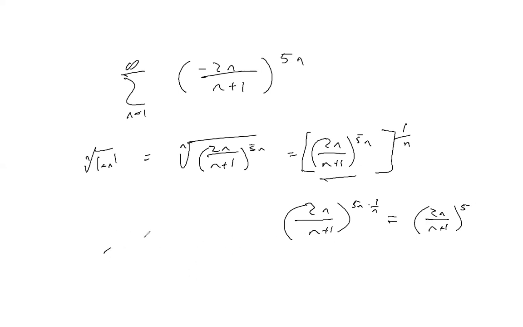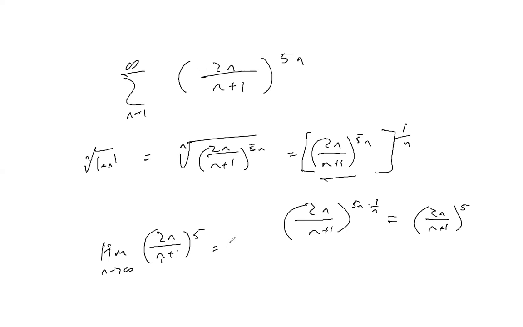Okay, so the next step is I need to find this limit, right? I have (2n over n plus 1) to the power 5. Well, what's the limit of the stuff inside the parentheses? I have the same power of n on top and bottom, so the limit of this stuff is 2, and then I have 2 to the 5th.